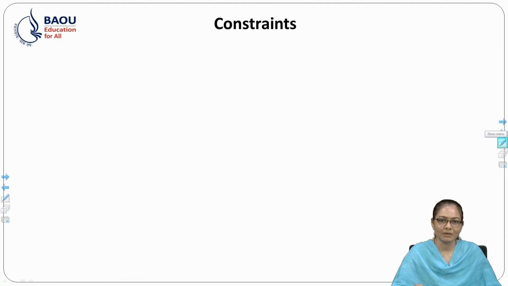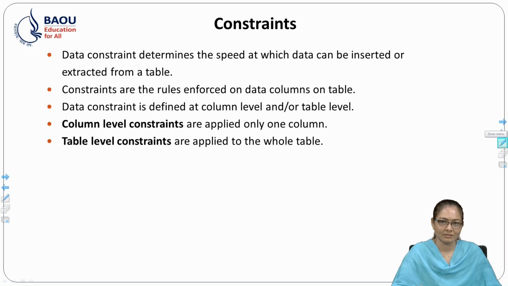It is an important topic in database. Data constraint determines the speed at which the data can be inserted or extracted from the table. The constraints are the rules enforced on the data columns of the table. Using the data constraint, we store the proper data in the database.